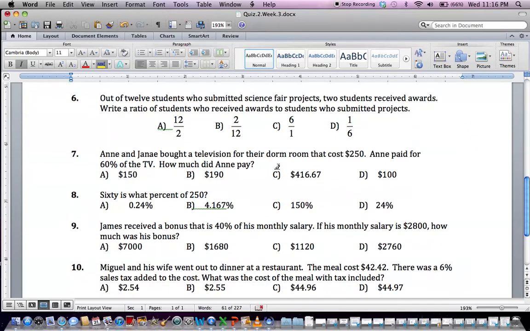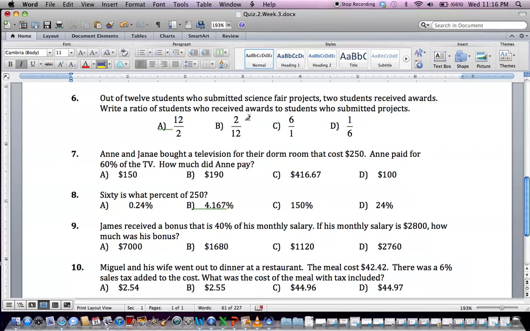Number 6, out of 12 students who submitted science fair projects, 2 students received awards. Write a ratio of students who received awards to students who submitted projects. Okay, we're writing a ratio. Let's make sure that when we write our ratio, it's in lowest terms.